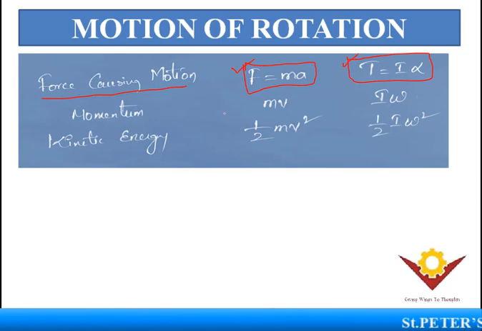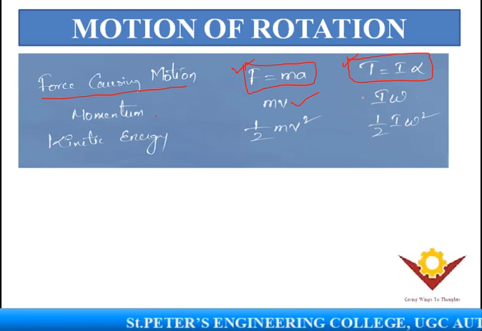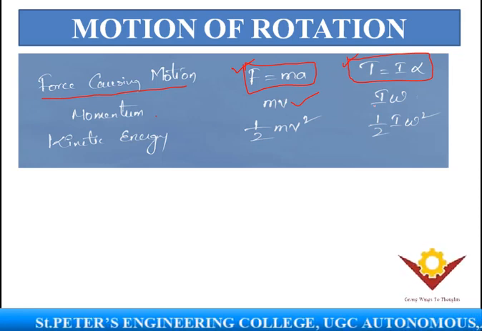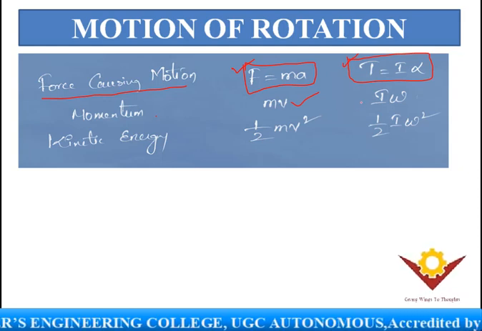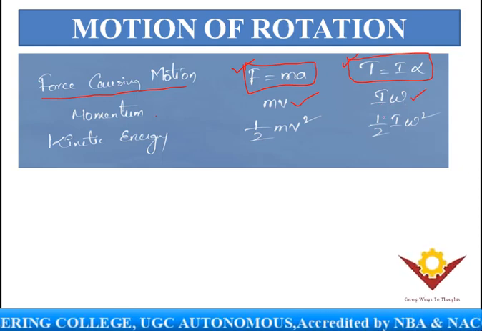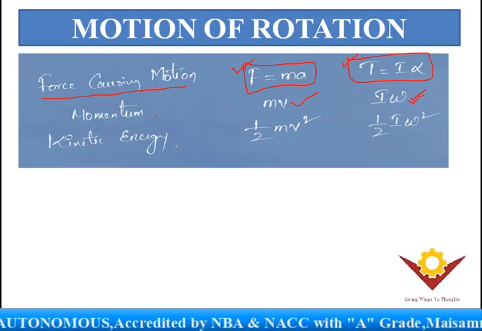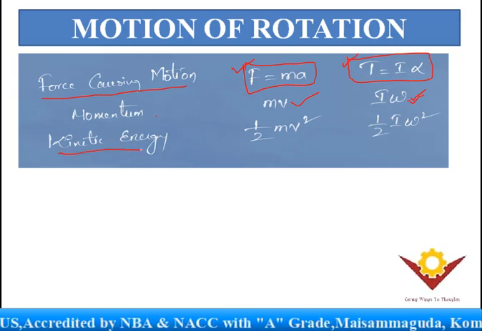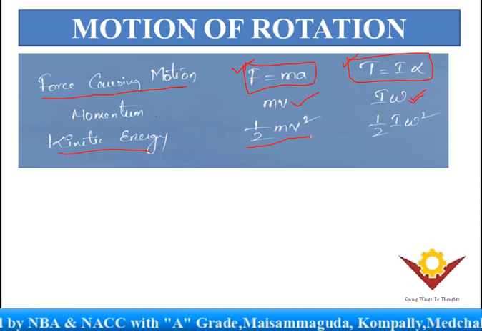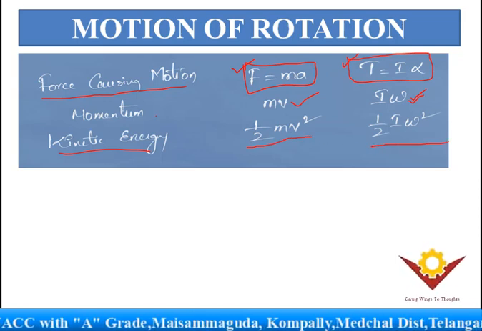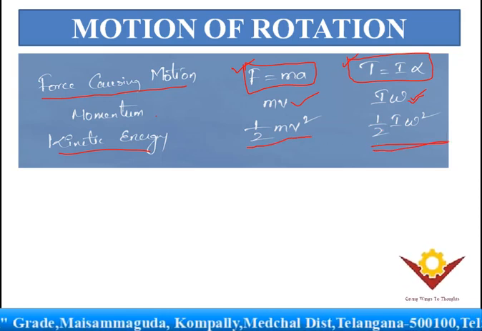For the momentum, we have mass into velocity, and coming to angular motion, we write it as angular momentum, which is I into omega, moment of inertia into angular velocity. And coming to the kinetic energy, this is half m v squared for linear motion, and for angular motion, we have half into moment of inertia into angular velocity squared.